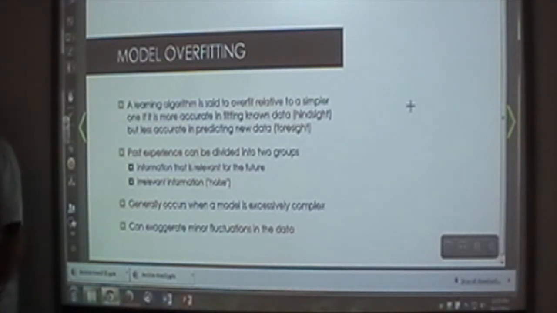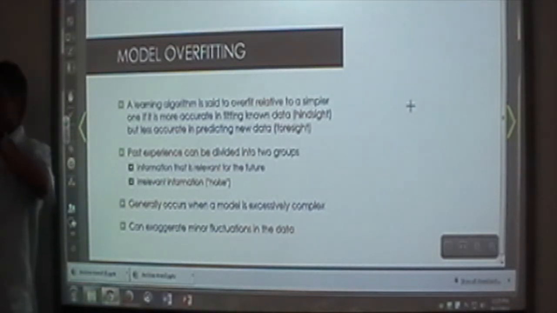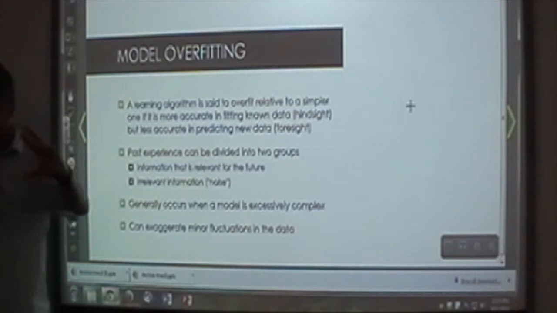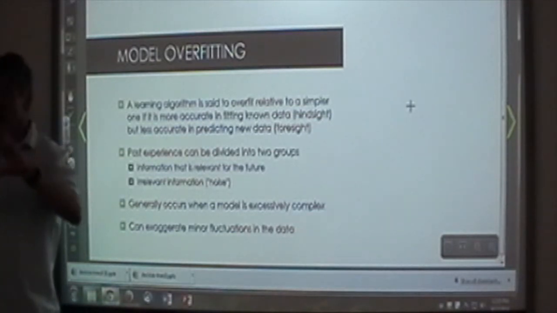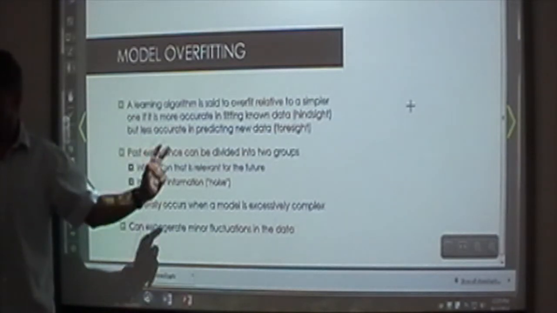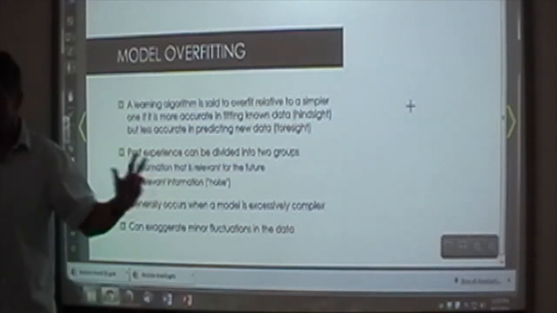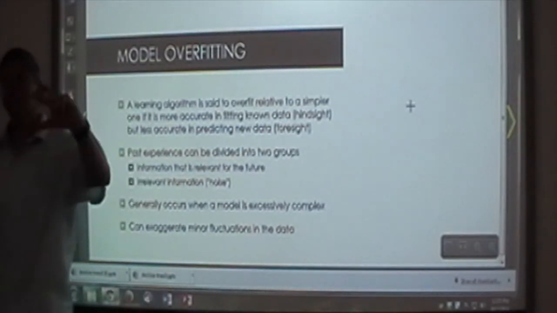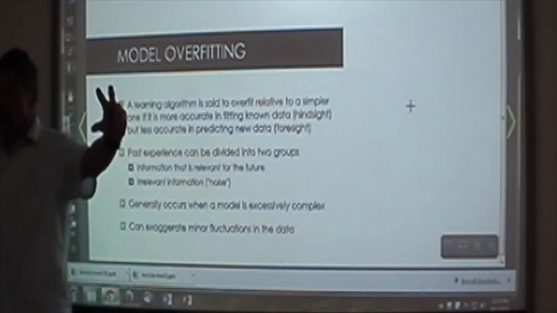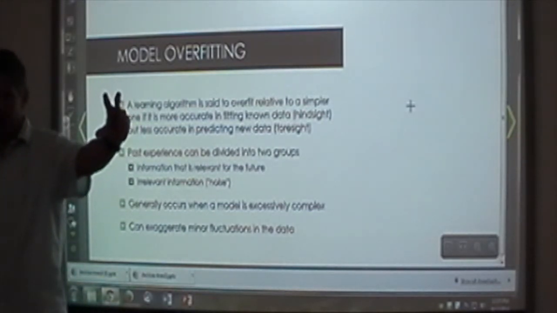Well, in essence, think of the example we saw with the ID code. Remember, we use a training set and then a testing set. Ultimately our goal is not to do 100% on the training set, but to predict future unknown data better.